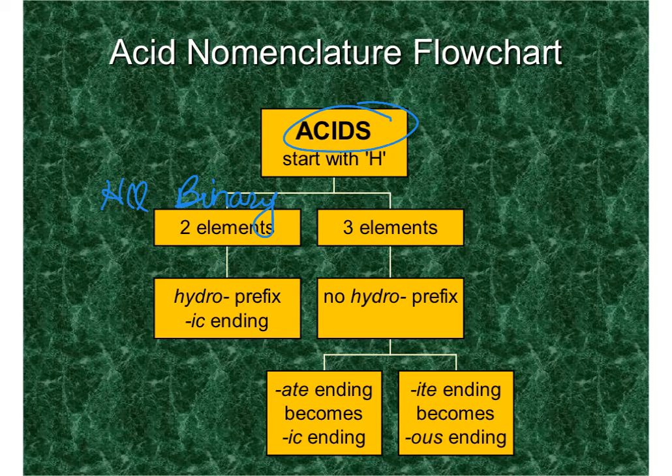The other category is a ternary, also known as an oxy acid, which has three different elements. And so there are different naming rules depending on whether it's binary or ternary.